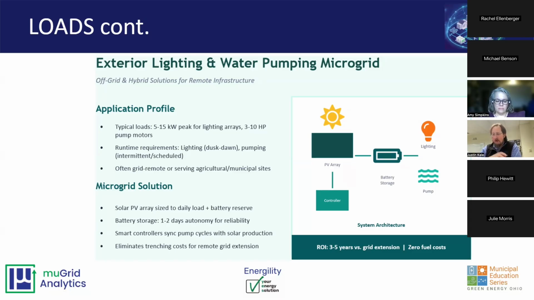One of the common pushbacks on solar is, hey, it doesn't really do anything for us when the sun goes down, right? Well, not necessarily, because when it's part of a microgrid, you have the ability for battery storage, as Amy has mentioned a couple of times, and some smart controls.